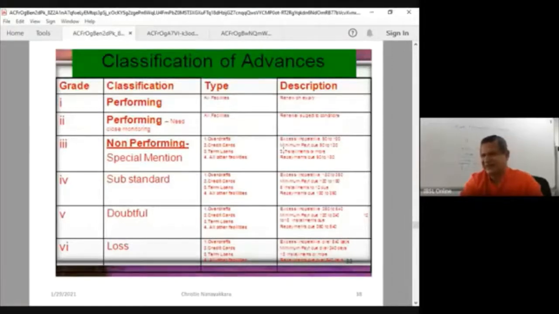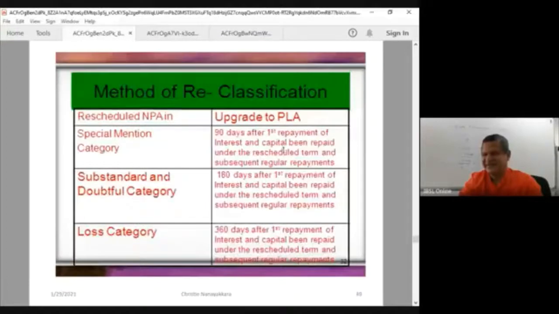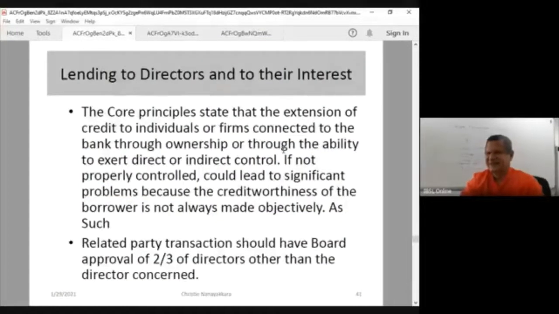However, since the introduction of the new accounting system, international financial reporting standards, the central bank may have already decided to do away with this classification of advances. Therefore, I'm moving out of this and going on to lending to directors. It is related party.